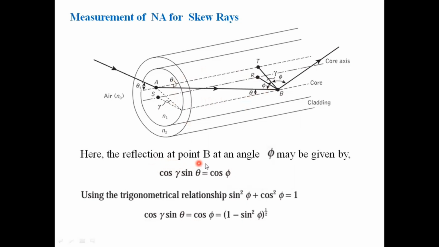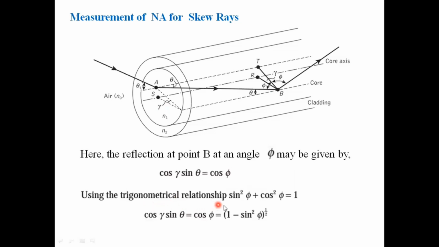Here, the reflection at point B at an angle phi may be given as cos gamma sin theta equal to cos phi. Let us consider here cos gamma sin theta is nothing but the incident angle, and cos phi is the reflected angle, as per the statement of Snell's law.